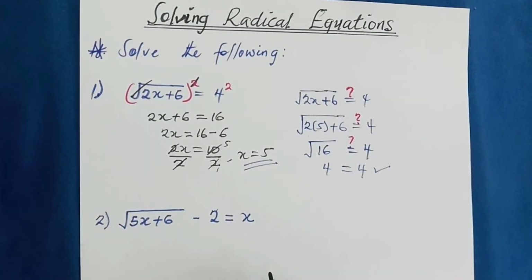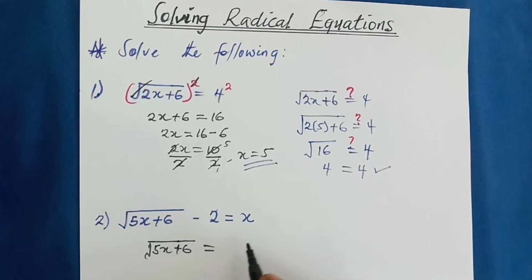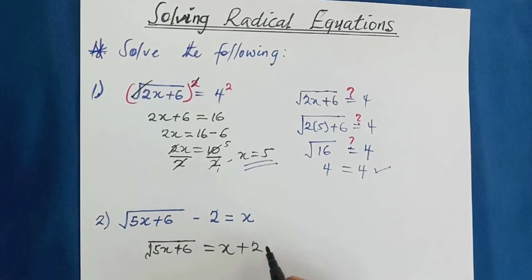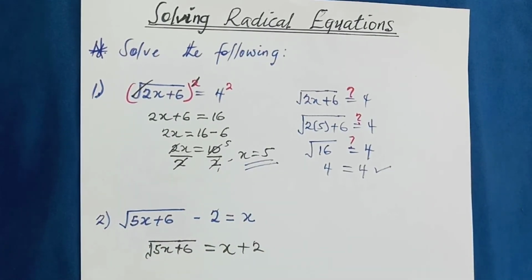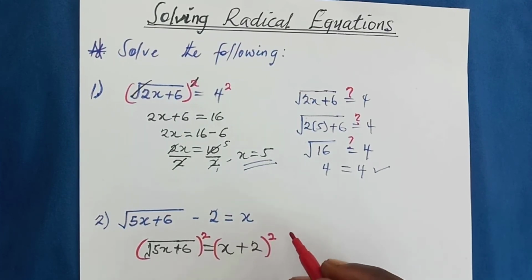So we have the square root of 5x plus 6 is equal to x. Negative 2 comes here, it becomes positive 2. From here we have to undo the square root by squaring both sides of the equal to sign. We are squaring both sides, not terms.